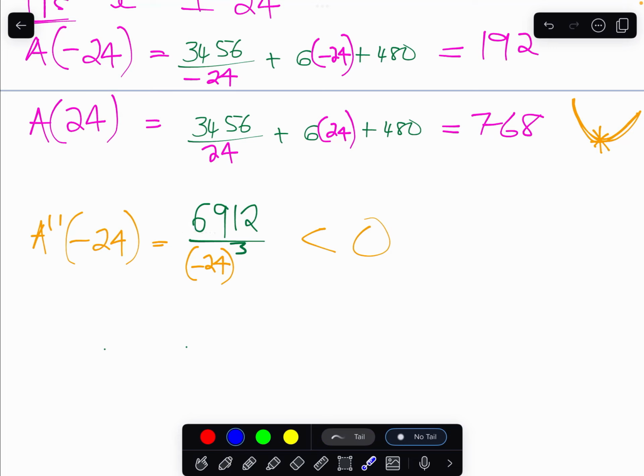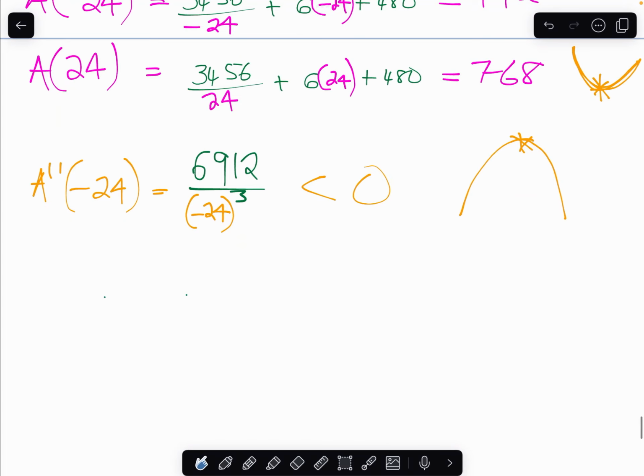So that means our graph is concave down at this point, meaning that this is a local maximum. Okay, right? And do we have a point of inflection?